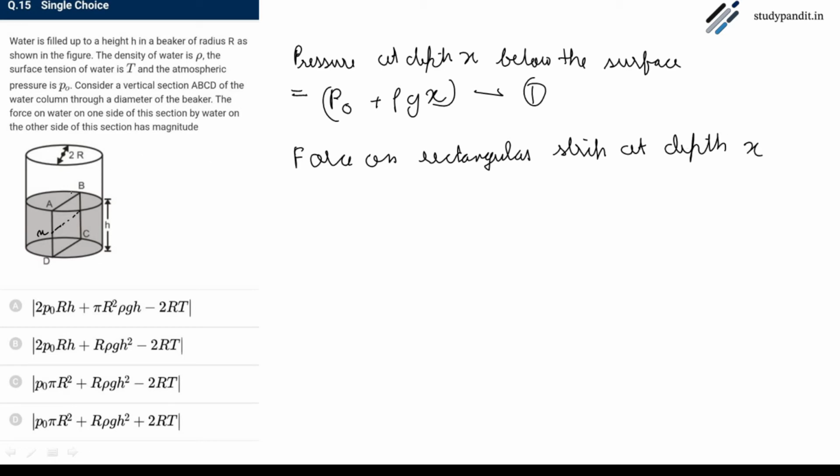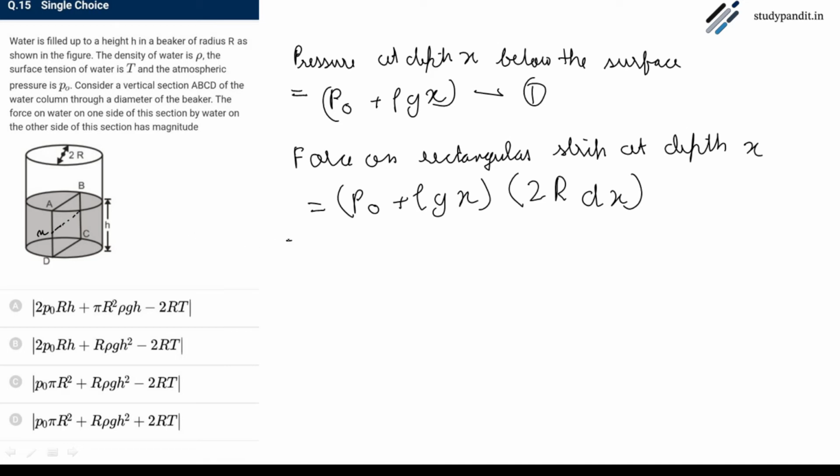So what we will do, we will integrate this whole from AB to CD. So this will be equal to P naught plus rho gx, that is the pressure at depth, into 2r dx, because one strip will be of length 2r, 2 times the radius.